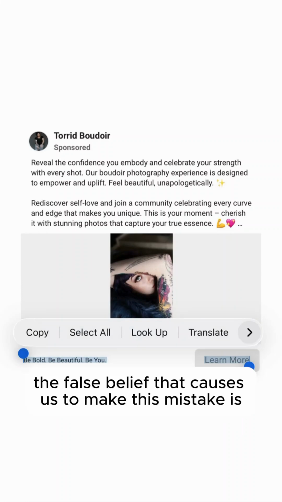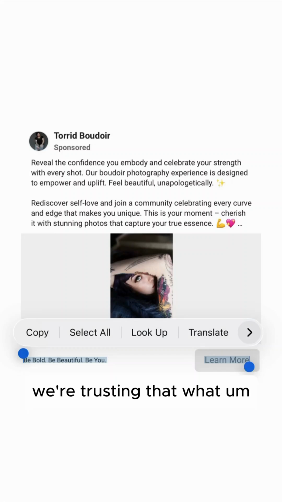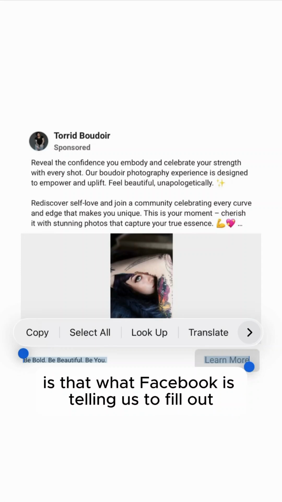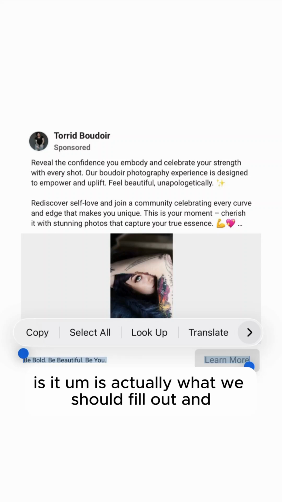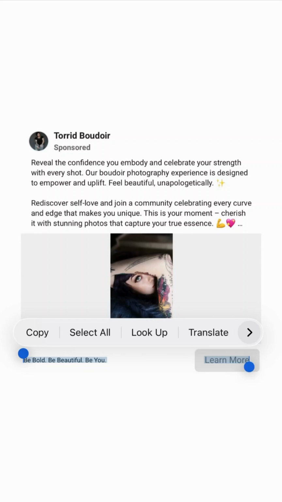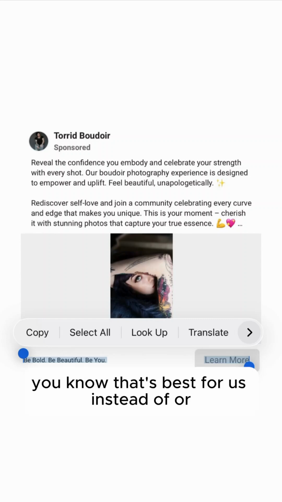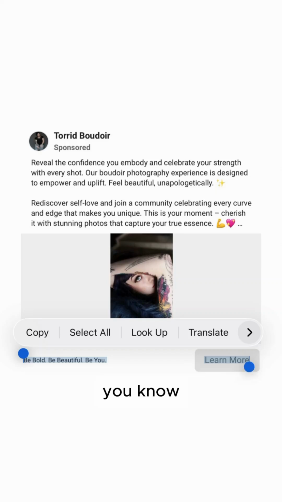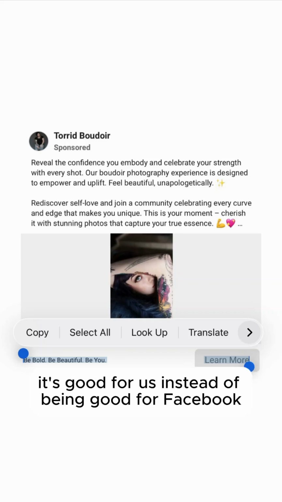The false belief that caused us to make this mistake is we're trusting that what Facebook is telling us to fill out is actually what we should fill out, and that's best for us, or it's good for us instead of being good for Facebook.